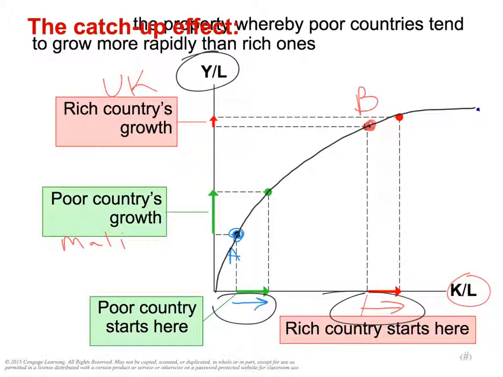So the catch-up effect really does explain why poor countries tend to grow more rapidly than rich ones, because it's a factor of where you start on the curve and how many resources you already have available. Because Mali doesn't have many resources, it gets quite a return from those resources. But because the UK has a lot of resources, it doesn't get as much of a return.